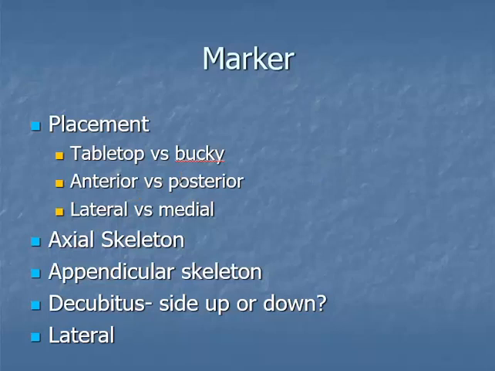Some of your hospitals will have you flip the marker around for anterior AP projections versus posterior PA projections to identify what position the patient was in, if they were in an anterior or posterior presentation. Again, I don't think I've ever worked in a hospital that was that specific and particular on the marker placement, but there are some who are.